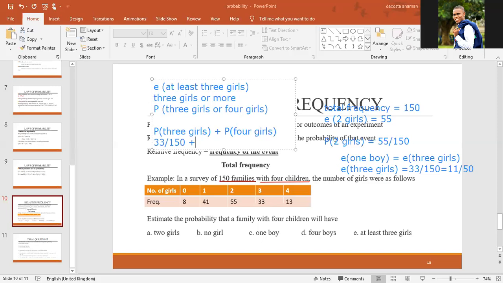And the probability of having 4 girls to be what? 13 over 150. So solving this, you'll be getting 46 over 150. And that will give us 23 over 75.